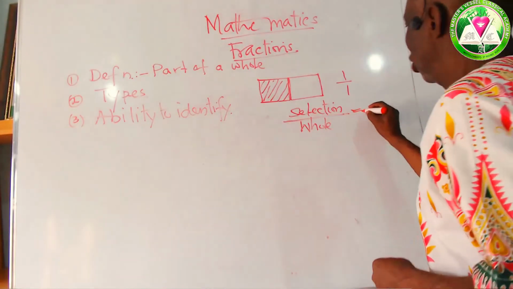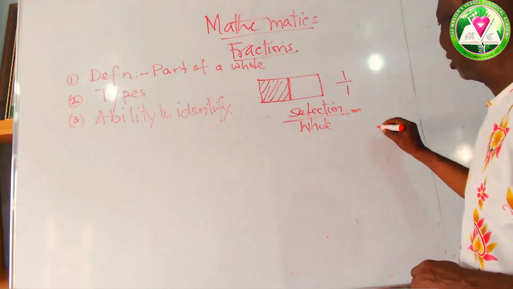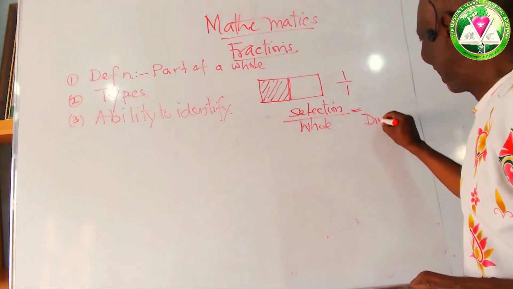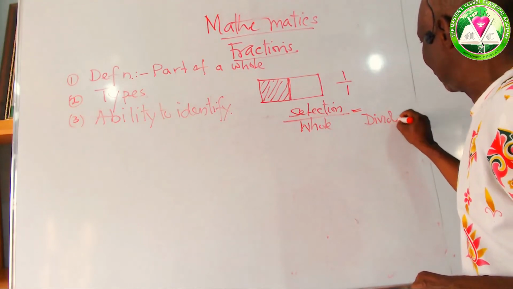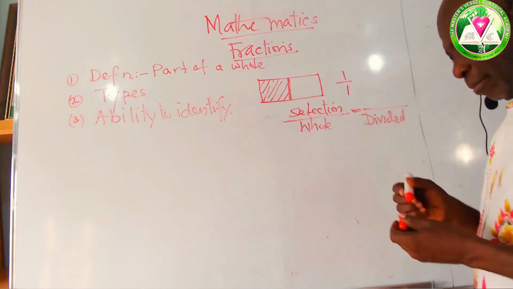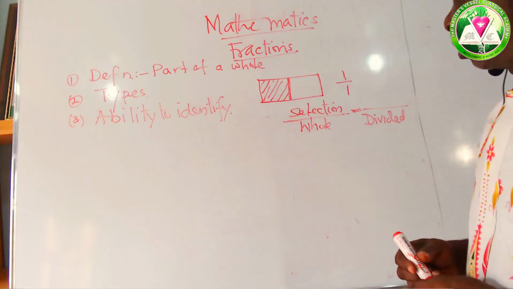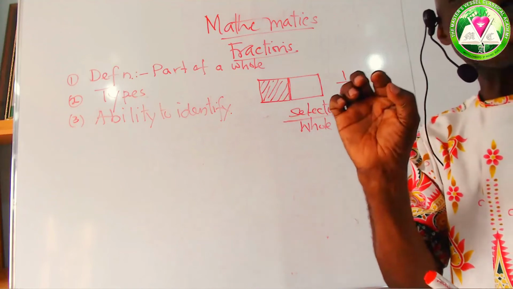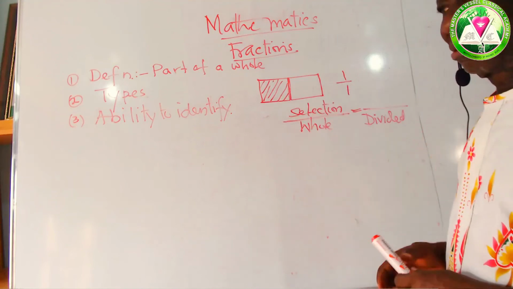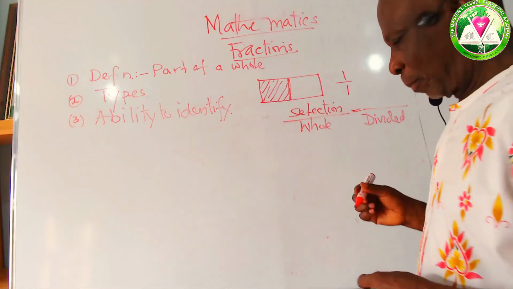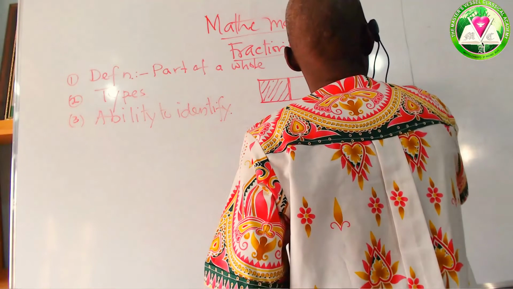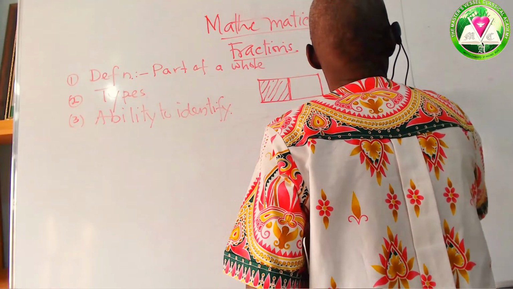Divided, D-I-V-I-D-E-D, into a number of equal parts. But we are not selecting all. We are selecting a small number, a part of. So, number selected.